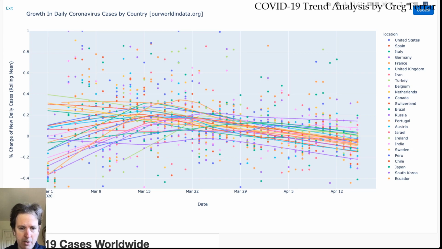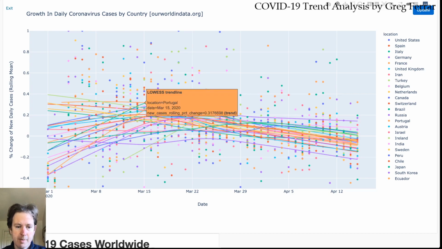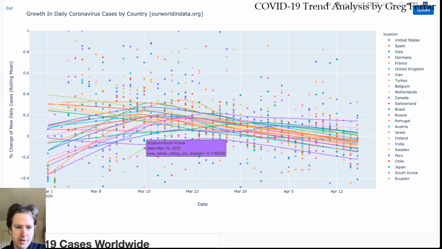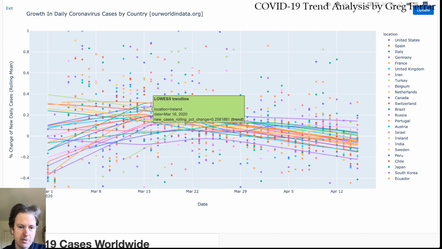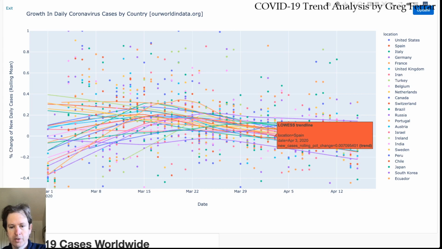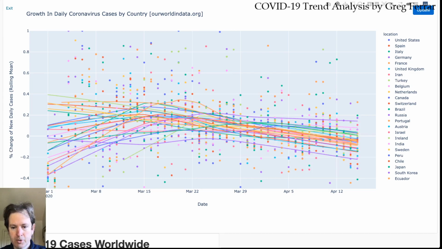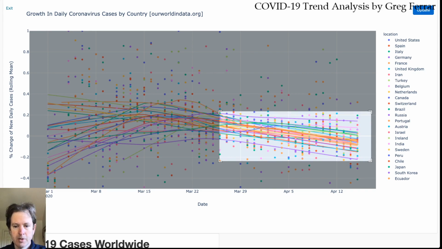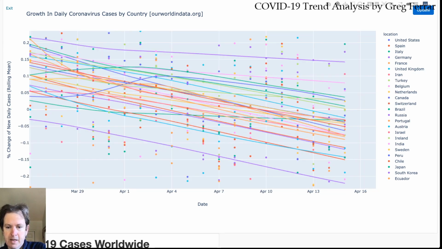But around March 15th, for whatever reason, and there are lots of theories, and certainly shelter in place and better testing and fear are good ones, the virus started its decline, in the sense that we started seeing a decline in the daily growth rates. That happened a long time ago now. March 15th was pretty wild west out there, but after that you can see most of the lines start to converge, and now they're all kind of straight, with few exceptions. So a long time ago, we saw this trend, and this trend has taken most countries below zero into negative growth rate.